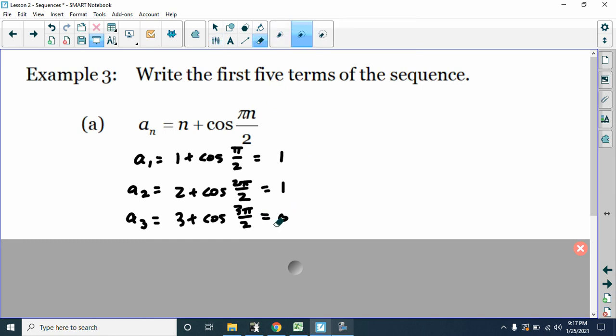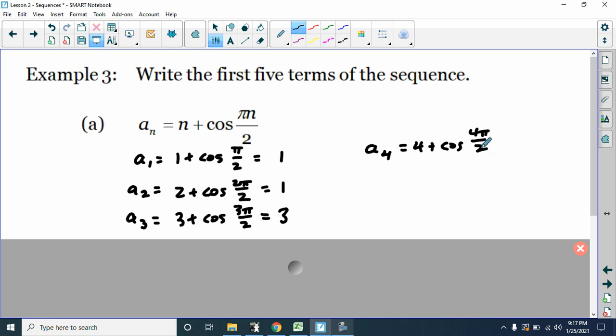Whoops, 0 plus 3 is 3. 4 plus cosine of 4 pi over 2. 4 pi over 2, that's 2 pi. Cosine of 2 pi is 1. And so on. 5 plus cosine of 5 pi over 2. Cosine of 5 pi over 2 is 0. So 1, 1, 3, 5, 5.